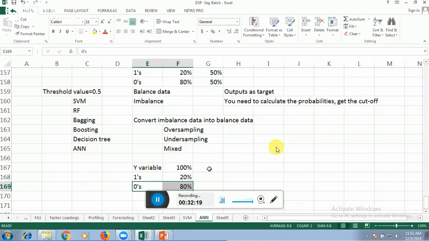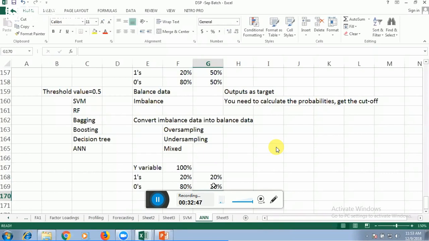In this kind of situation, we will take the 20% of data as it is from the ones. That means all the ones you have. For example, you have 1000 observations, and 200 observations are ones. Take all the ones, that is 200 observations. And for the remaining 200 observations, we take a random sample from the 80%.